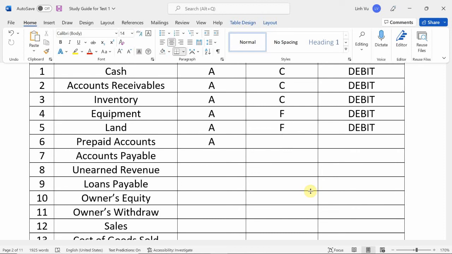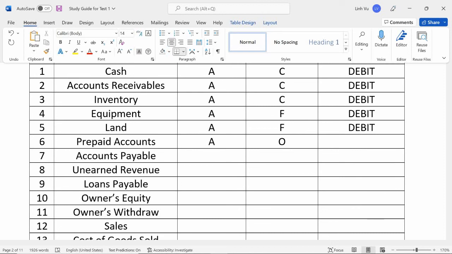No. But you own it, because we paid in advance for rent. That means the landlord owes me service. I own this rent property because I paid for it, but you can't touch rent. So in this case, it becomes an other asset. Okay? What else?